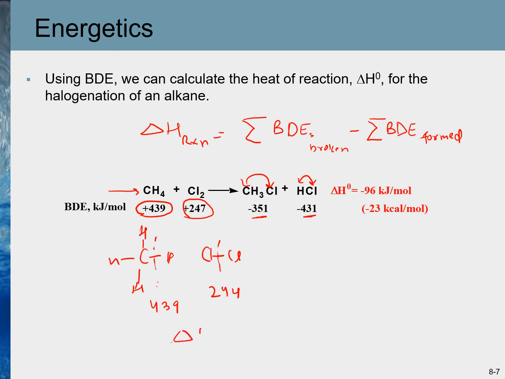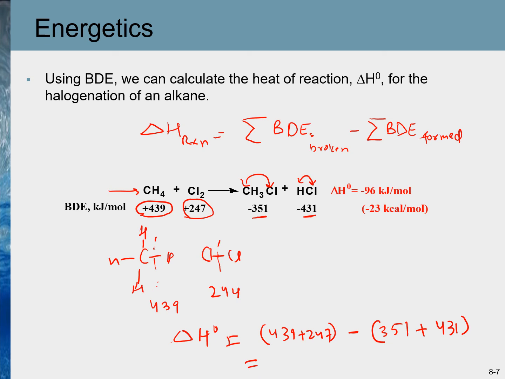Therefore, the heat of this reaction, which is also known as enthalpy change of this reaction, is equal to the sum of all the energies which will break. So that's 439 plus 247, minus the sum of energies of bonds which will form. So that's carbon and chlorine, that's 351 plus 431.